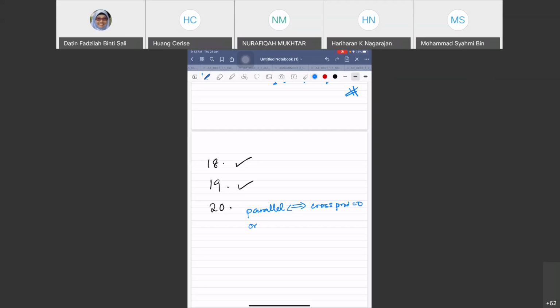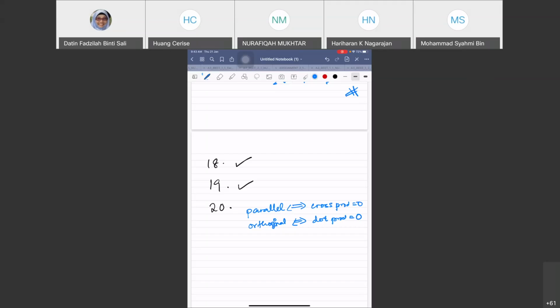If orthogonal, making 90 degrees, right? Orthogonal means dot product equals 0. Okay, can you have two vectors parallel and at the same time orthogonal?